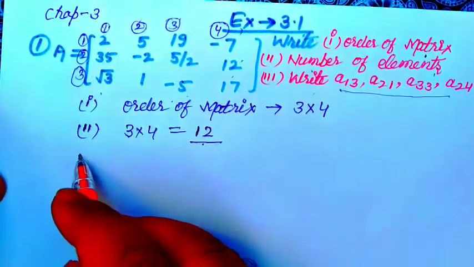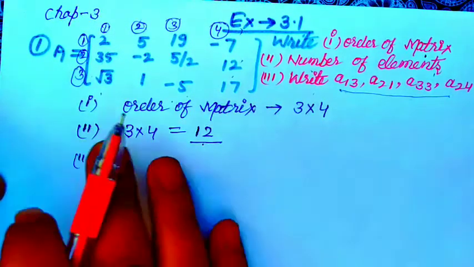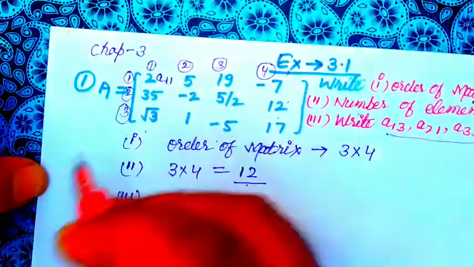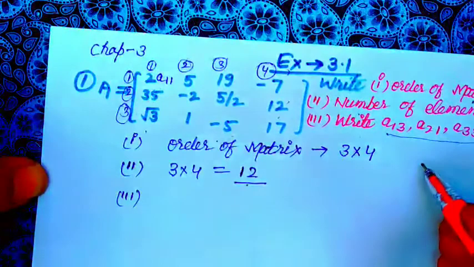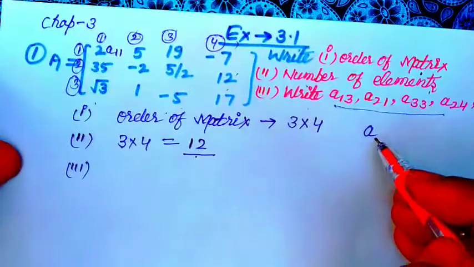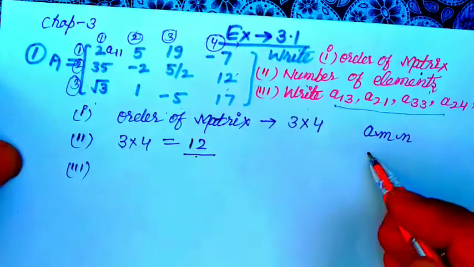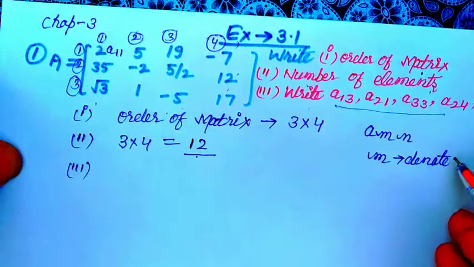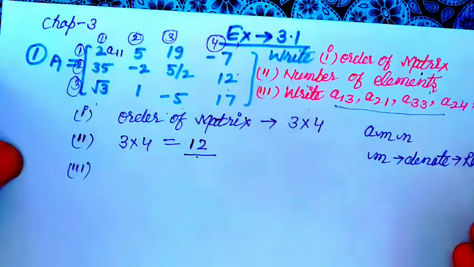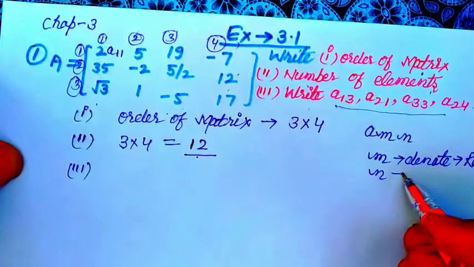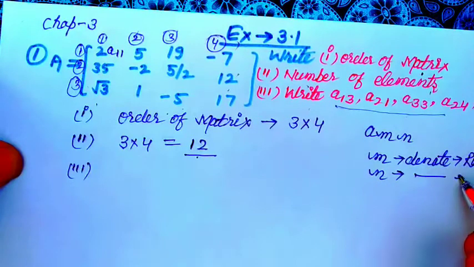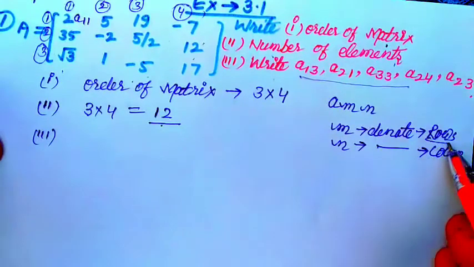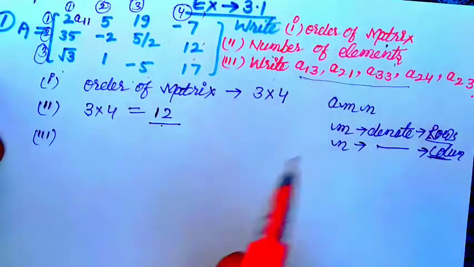Now for the third part, we can write 1 row 1 column, isn't it? If we write A_mn, M denotes rows and N denotes columns, isn't it?